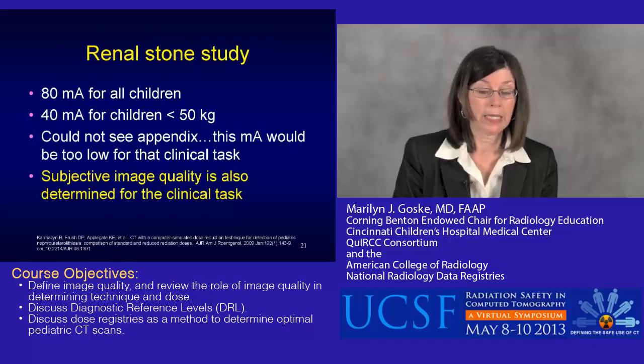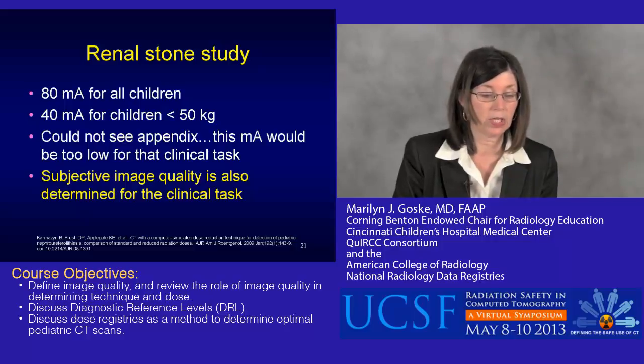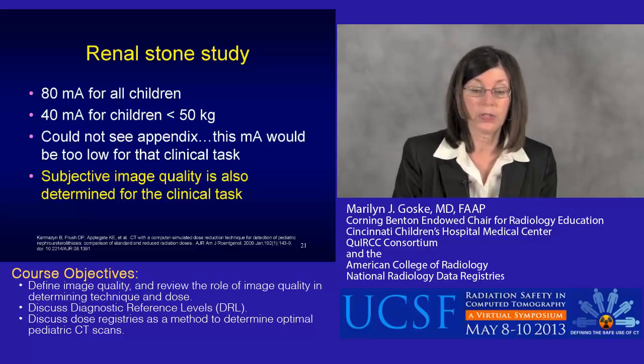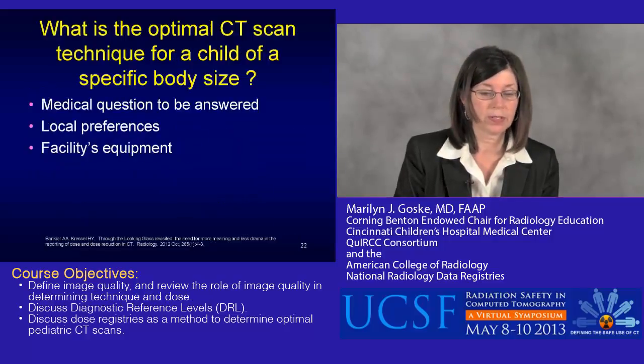By the time they got down to the simulated 40 mA image, only one of the investigators was able to identify that stone. So I think this shows that image quality is also determined by the clinical task, and we may be able to go lower in dose for specific tasks such as renal stone protocols.